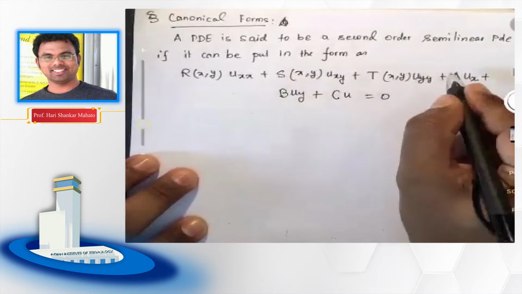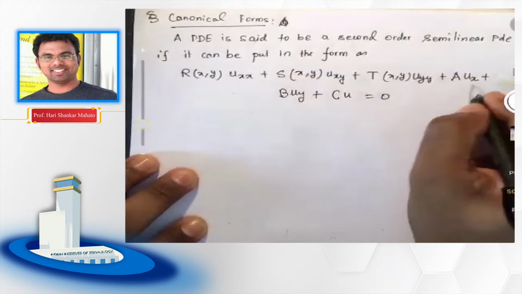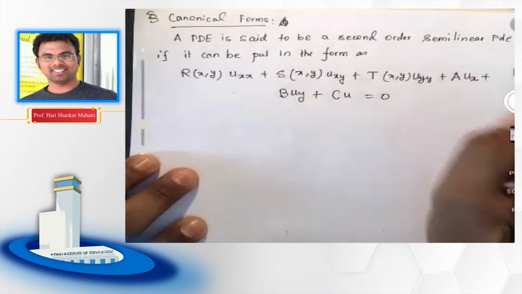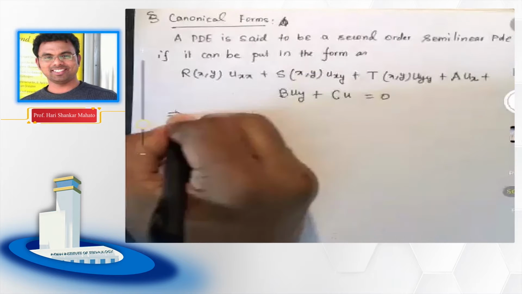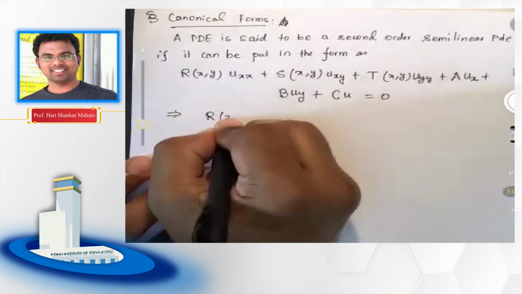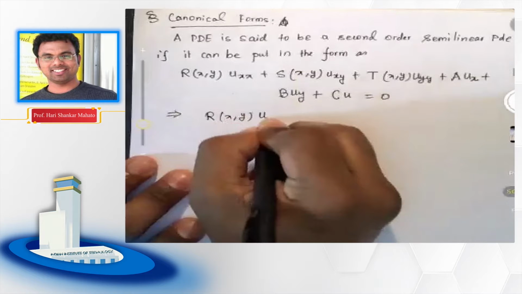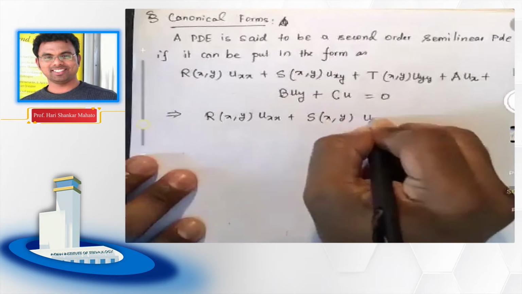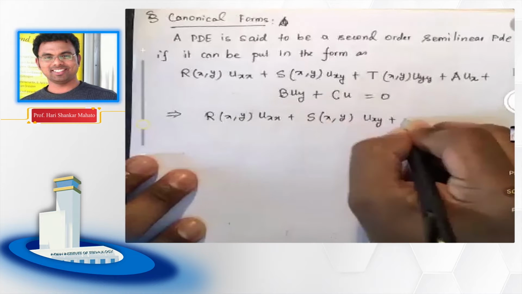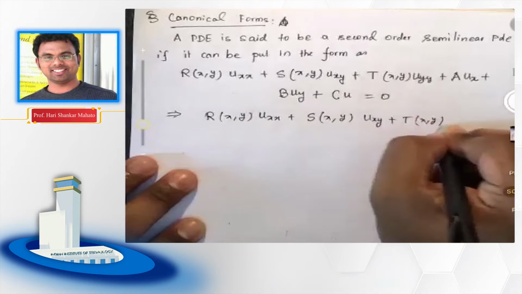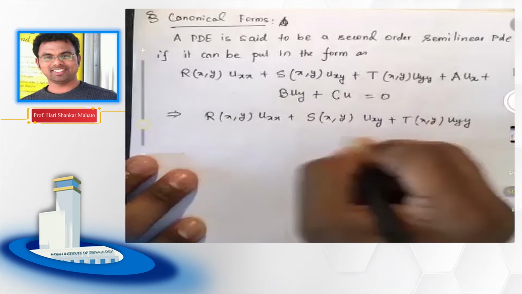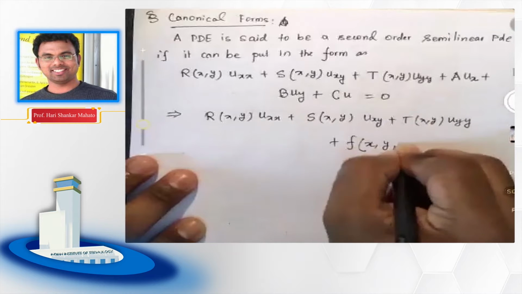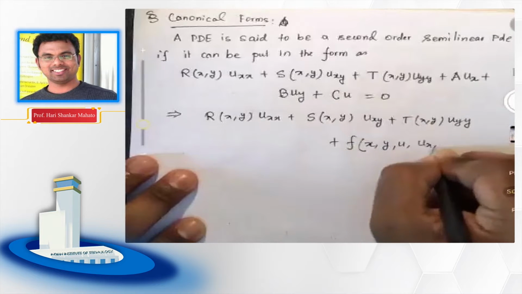The first order terms are not our main concern, so we can simply write a second order semi-linear PDE as R of x,y u_xx plus S of x,y u_xy plus T of x,y u_yy, and then a general function f of x, y, u, u_x, u_y.